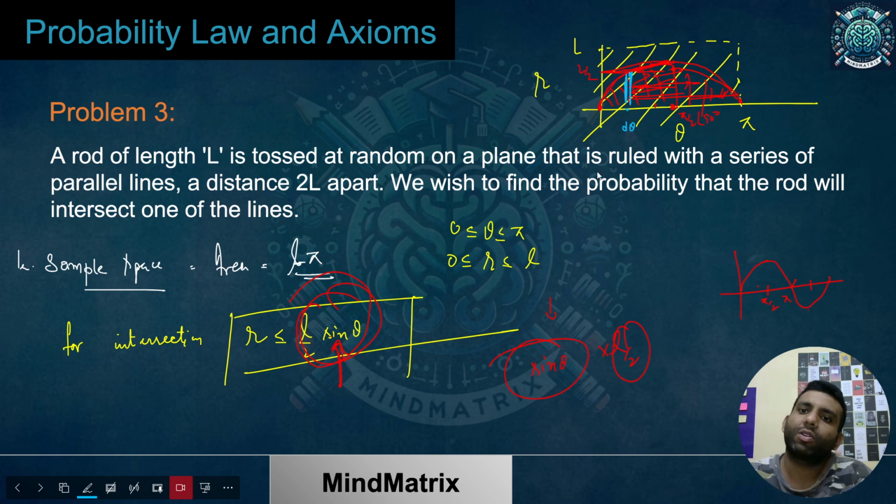Let's suppose this value is theta. Corresponding to that, I'm talking about d theta only, the width of this strip. What is the height corresponding to that? That would be L by 2 sine theta. So the area for this strip is L by 2 sine theta into d theta. Now you have to change theta from 0 to pi. You can go like this.